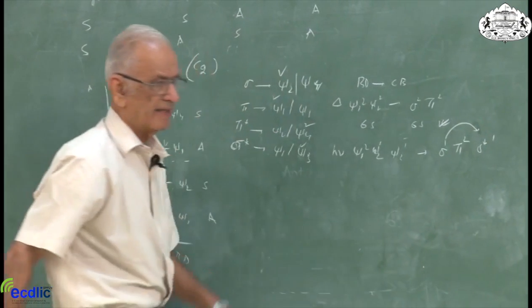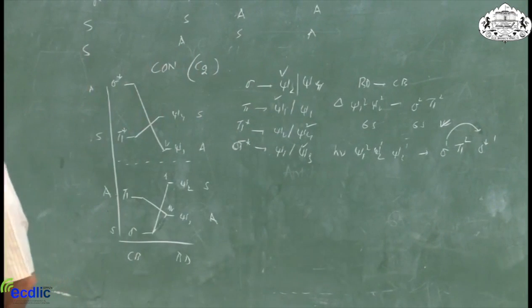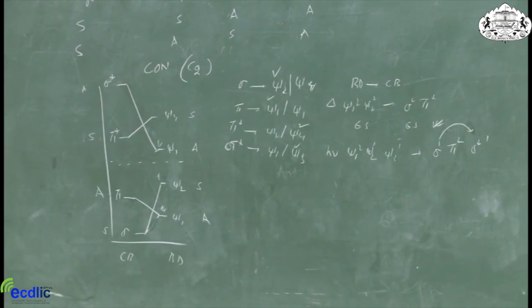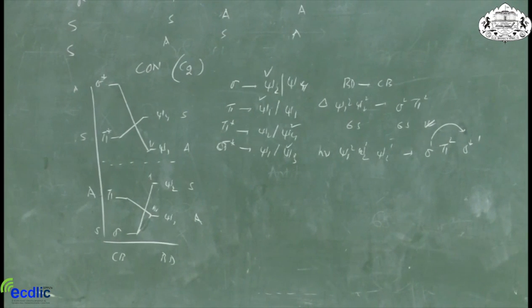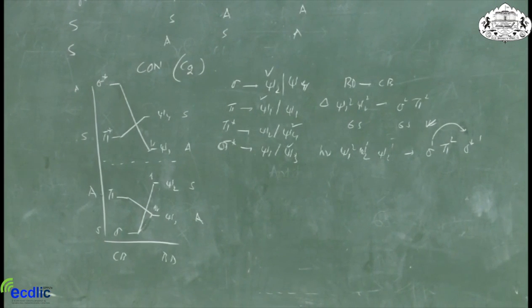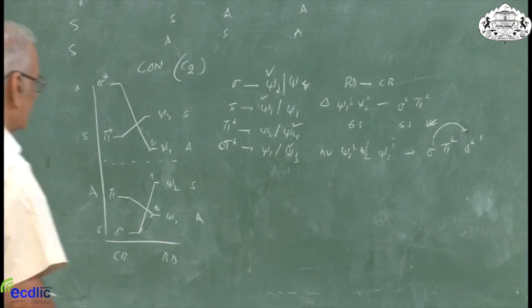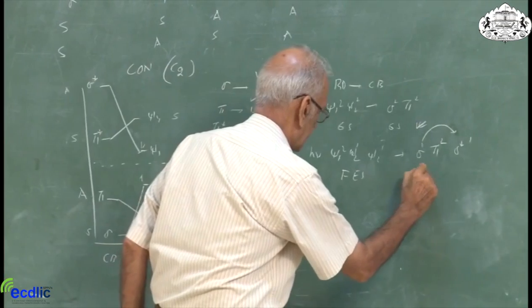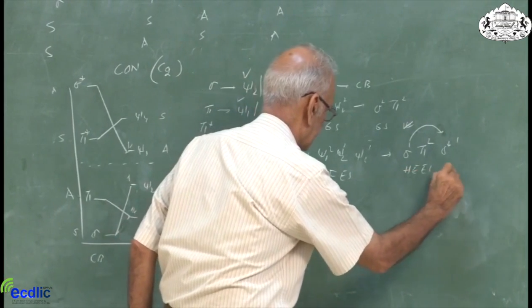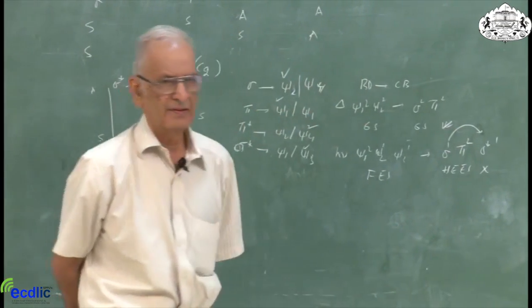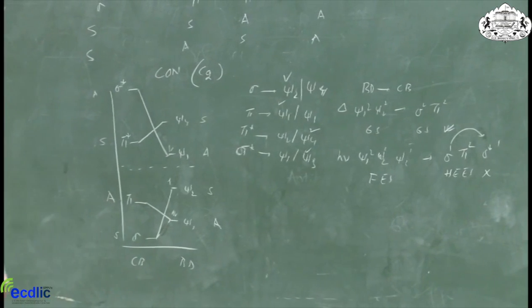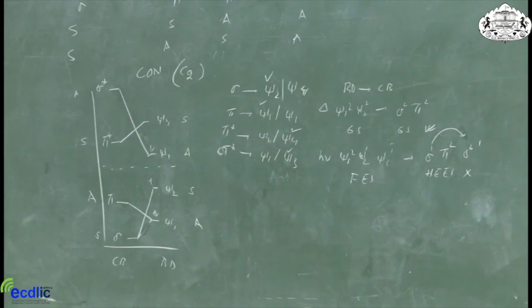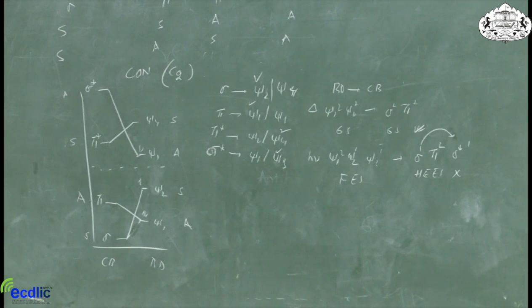So, this is equivalent of exciting an electron from sigma orbital into sigma star orbital. So, that is a very high energy excited state. First excited state gives high energy excited state. Therefore, photochemical reaction is disallowed.